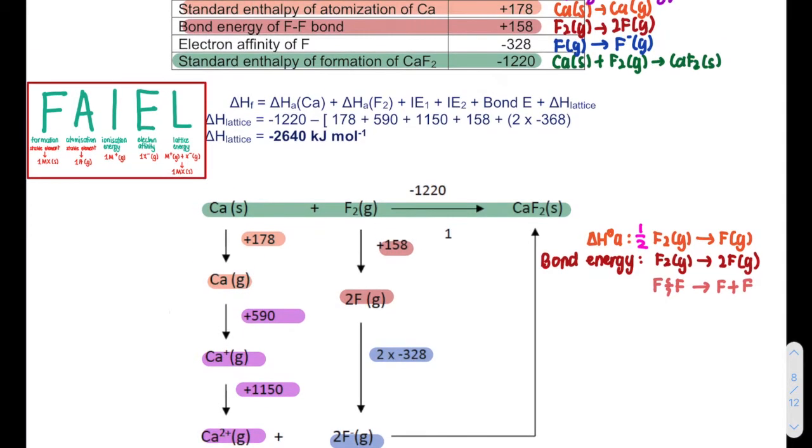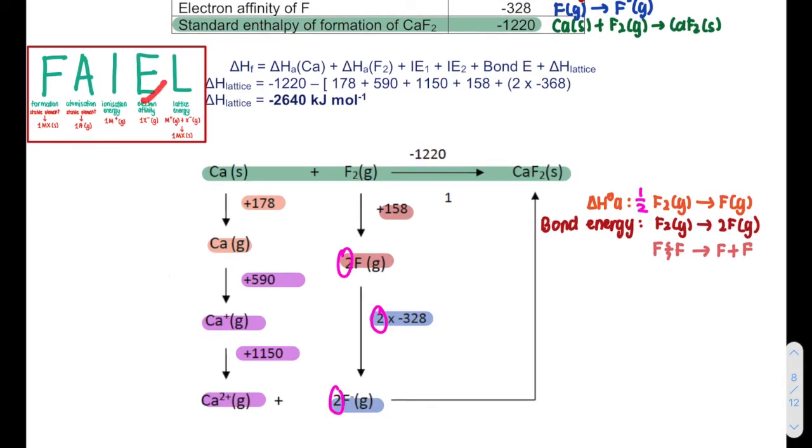Again, remember for the bond energy, because this is bond energy, F2 to 2F, which is the equation that we have written down, you don't need to multiply by 2. This one is already 158, so just take 158. But for the electron affinity, since it is F gas to F minus gas, but here because we have 2 in front, we have to multiply by 2, because the equation here is only 1. Here 1F, 1F.